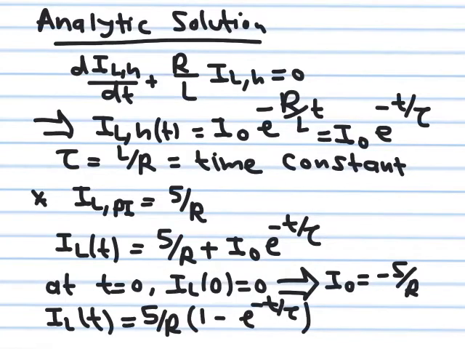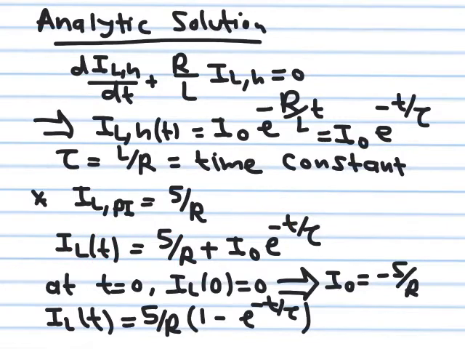So we agreed just after you close the switch, the inductor current was 0. Because just before you close the switch it was 0, just after you close the switch it's going to stay 0. So if you put here t equal to 0, you get I naught plus 5 over R is equal to 0. This term is 0 at time 0.